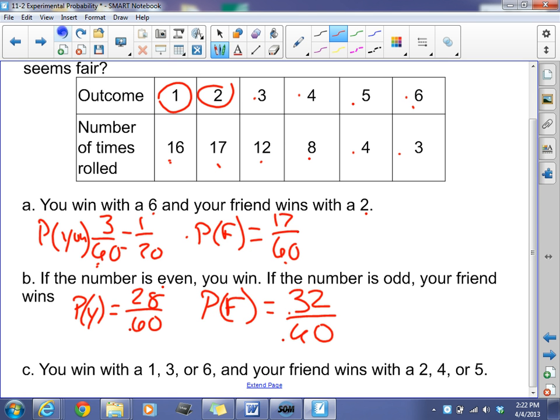While that's not exactly perfect, that's much closer. 28/60ths and 32/60ths are much closer than this previous game. So while this game is not perfectly equal, we would call this game fair because the probabilities are much more similar.